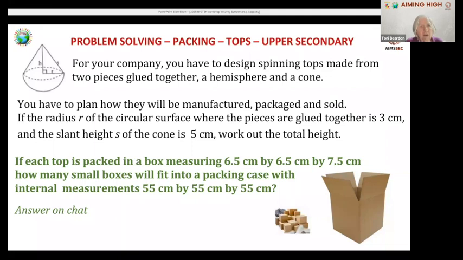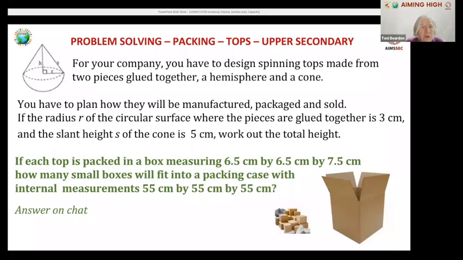Now, maybe your first thought, maybe your students' first thought, will be Pythagoras' theorem for that little triangle, but they should spot that that's a 3, 4, 5 triangle and immediately say, oh, well, the height of that cone on the top is 5 and the radius of the hemisphere, the half a sphere, is 3, so the height is 7 centimeters.